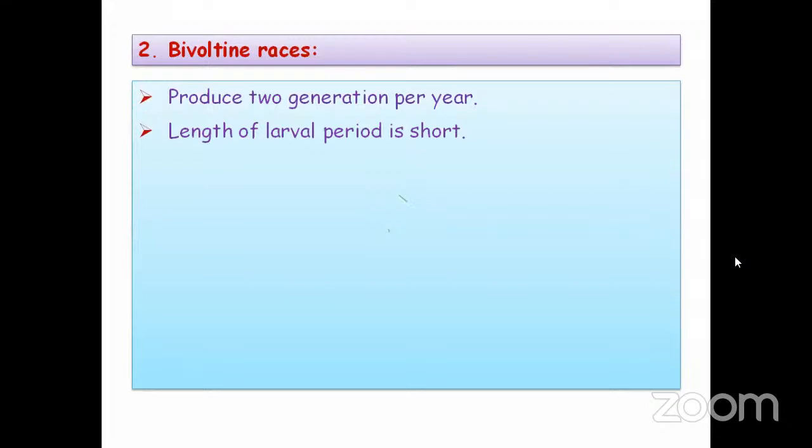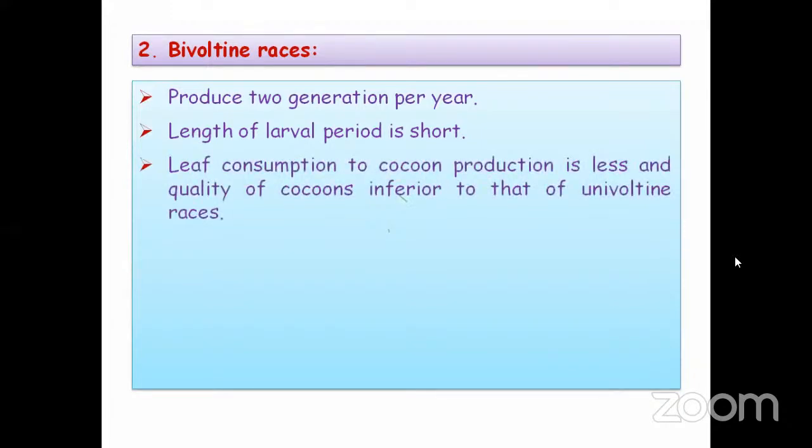So the larval period is short as compared to the univoltine races. Then the leaf consumption for cocoon production is less, and the quality of the cocoon is inferior to that of the univoltine races. When you compare with the univoltine races, the quality of the cocoons is inferior.